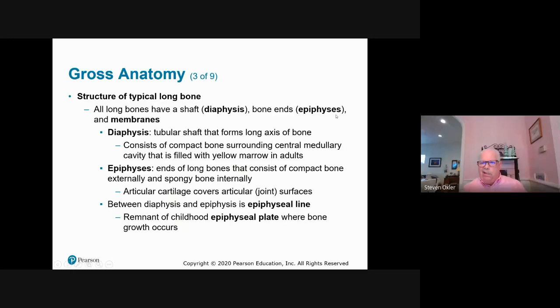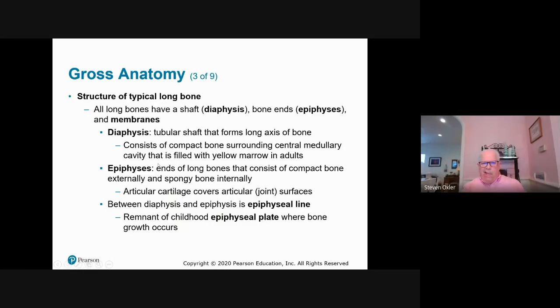So the diaphysis is the shaft, and it consists basically of compact bone, and in the center is yellow bone marrow.